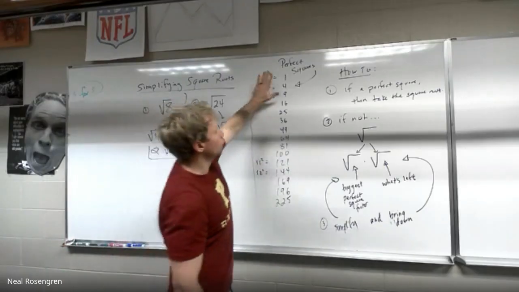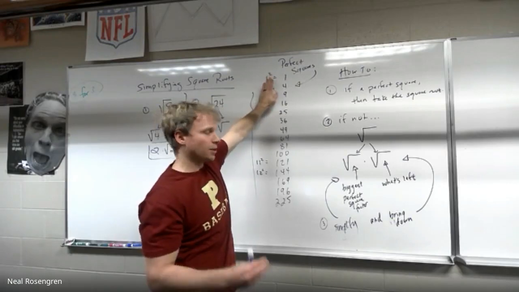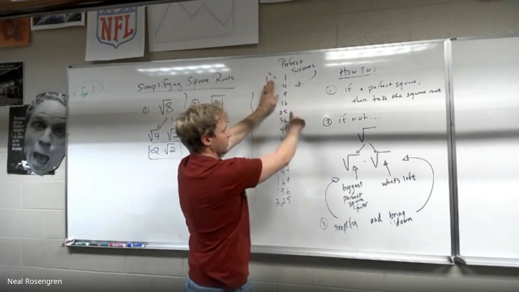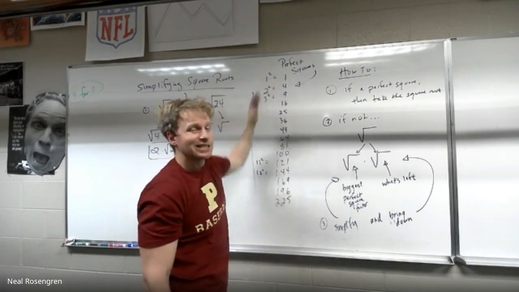So 2. But 2 is not a perfect square. I want to be able to take the square root of that number. So I want a number that's on this side that divides nicely into 24.